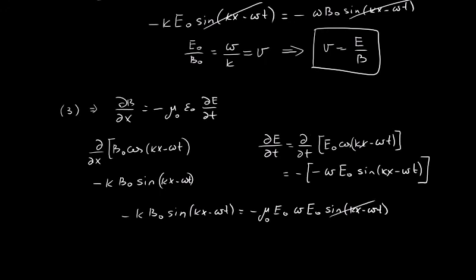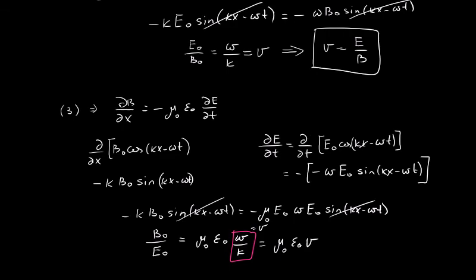The signs will cancel out, and we will end up having B naught over E naught equals mu naught epsilon naught omega over k. Let's recall what omega over k is. I wrote epsilon, it should be omega. This is the velocity, the speed. So we have mu naught epsilon naught v.